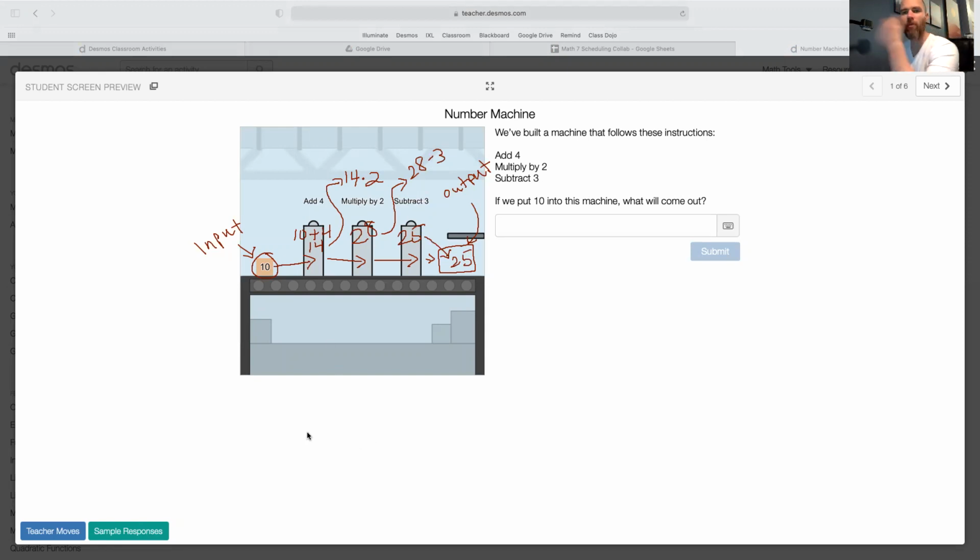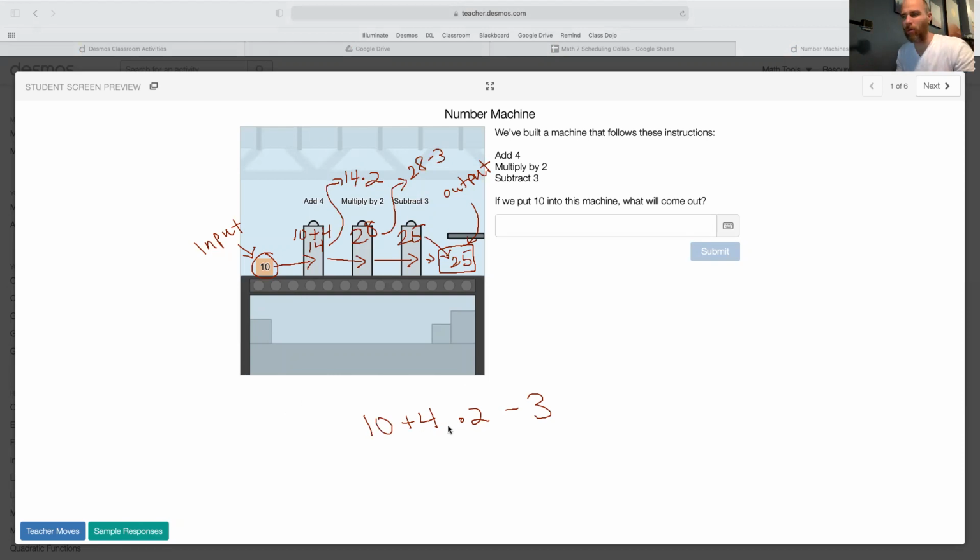If we were to write this same number machine out as instructions mathematically, what we did was 10 plus 4 times 2 minus 3. But notice that PEMDAS or GEMDAS would tell us to do the 4 times 2 first, which isn't how the machine worked, right? We did the 10 plus 4 first.